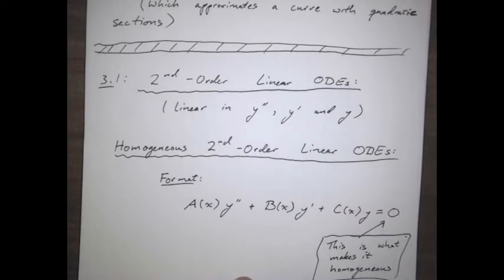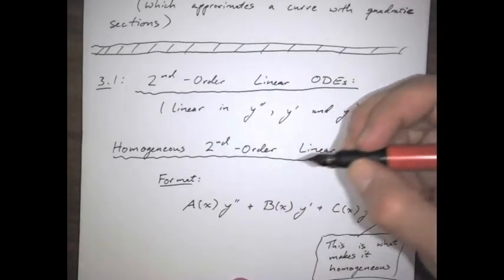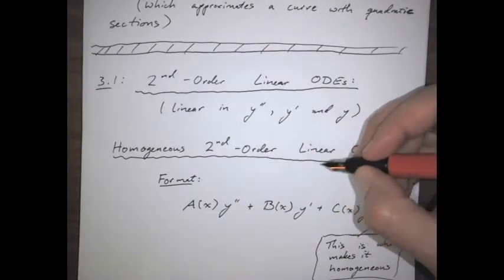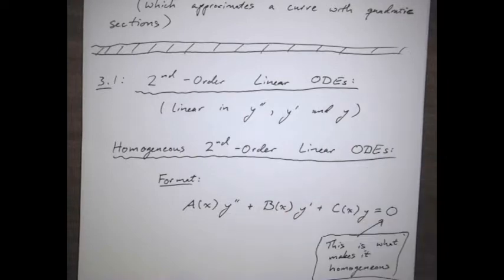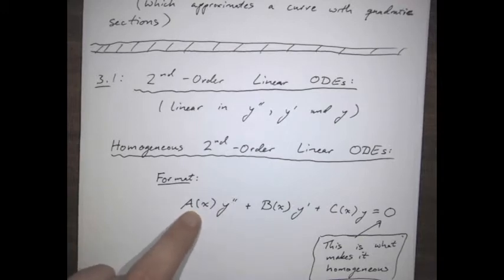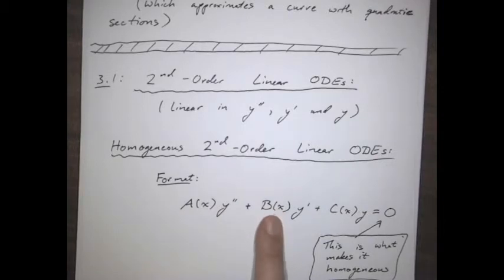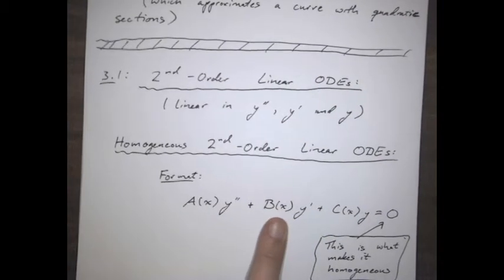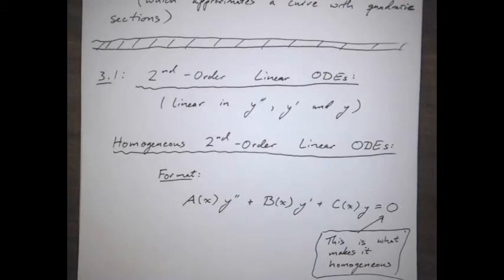So let's see. So what makes it second order is the second derivative of y. What makes it linear is the fact that as far as y is concerned, you've just got essentially a coefficient of the y double prime, although that coefficient is a function of x, but it's not a function of y. You've got a coefficient in front of the y prime. Again, it's a function of x, but it's not a function of y.